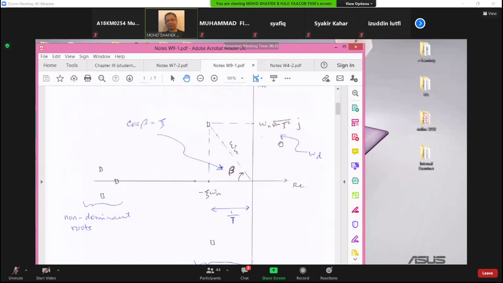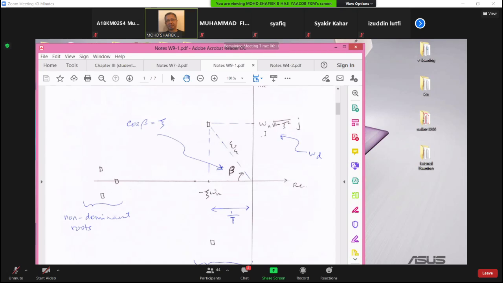When you move closer to the imaginary axis, you're going to have a significant value of the time constant. And the imaginary part of your roots is known as omega d, the damped natural frequency, which is omega n times the square root of 1 minus zeta squared.